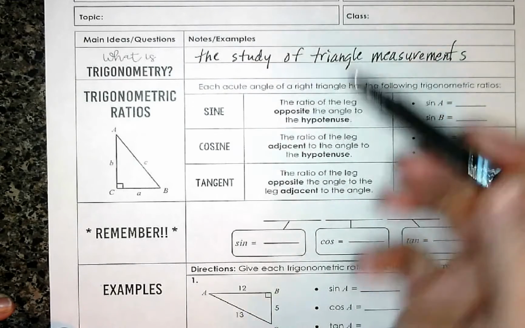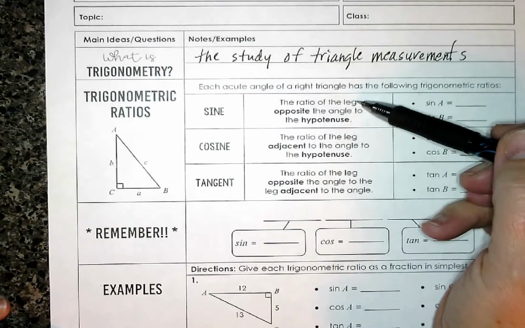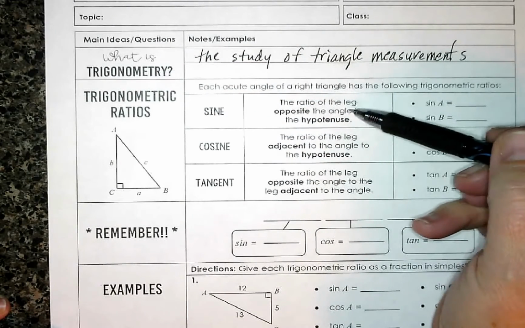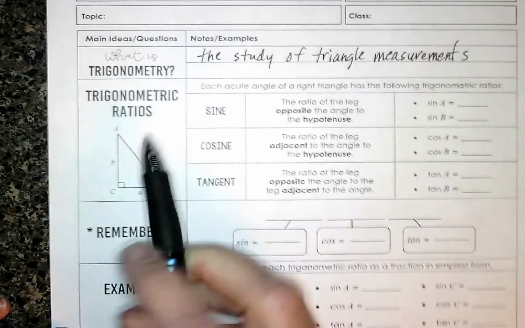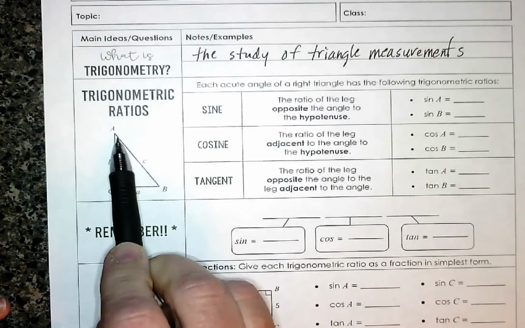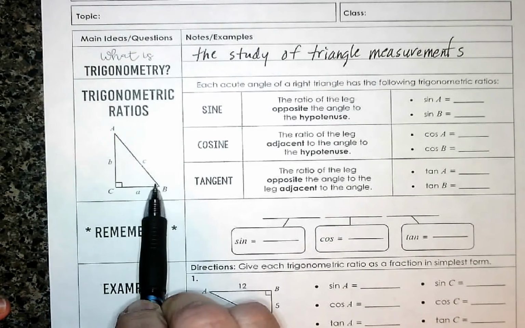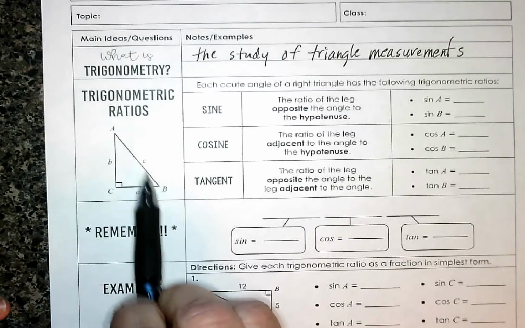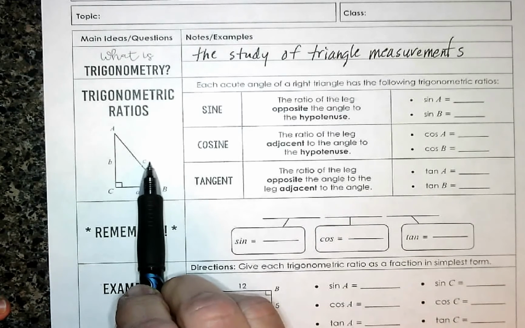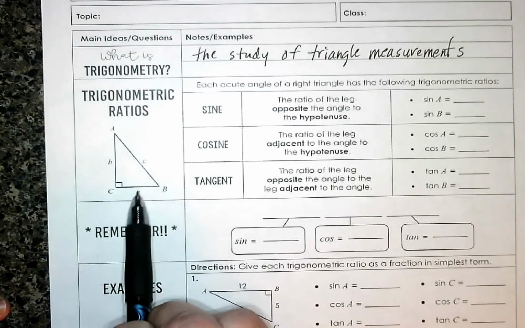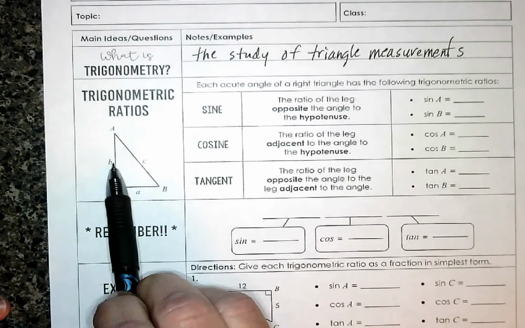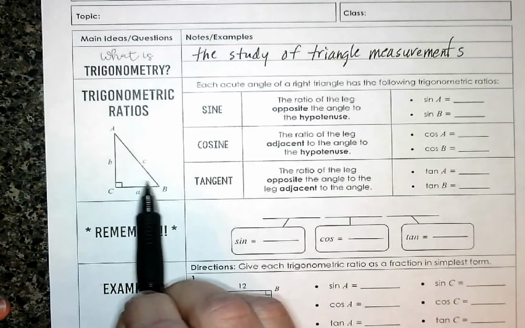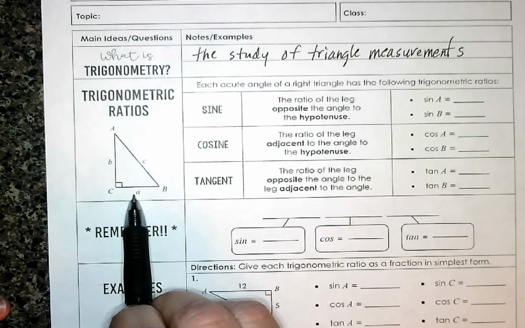With sine, the ratio of the leg that is opposite the angle to the hypotenuse. So when we look at our picture over here, we're going to be talking about these acute angles, angle A and angle B, and hypotenuse will always be that same side that we've talked about before. And then A and B, one is going to be an opposite leg, and the other one is going to be an adjacent leg.